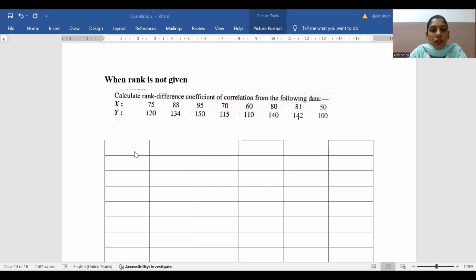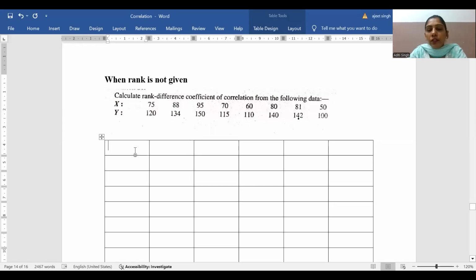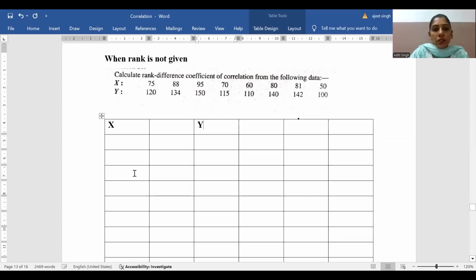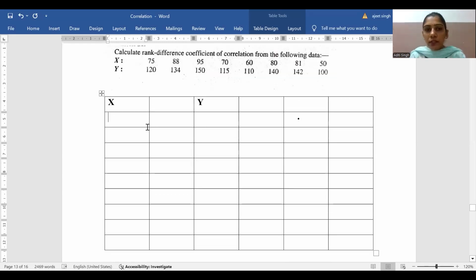Now let's start with the calculation. As we have two series, X and Y, let me first put all the values before assigning ranks. The first series X: 75, 88, 95, 70, 60, 80, 81, and 50.